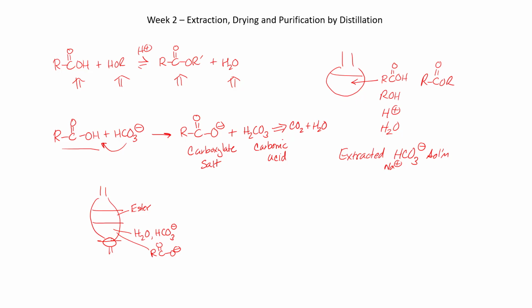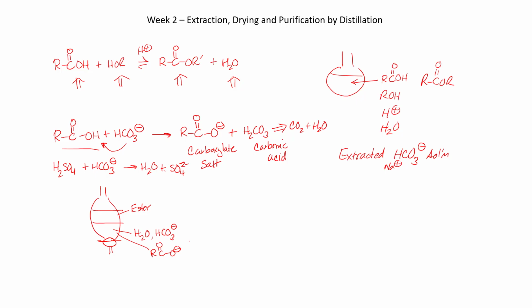What would have happened to the sulfuric acid? The sulfuric acid also, any sulfuric acid left over would have reacted with the bicarbonate as well, and it would have produced water, and then it would have ended up as a sulfate ion.